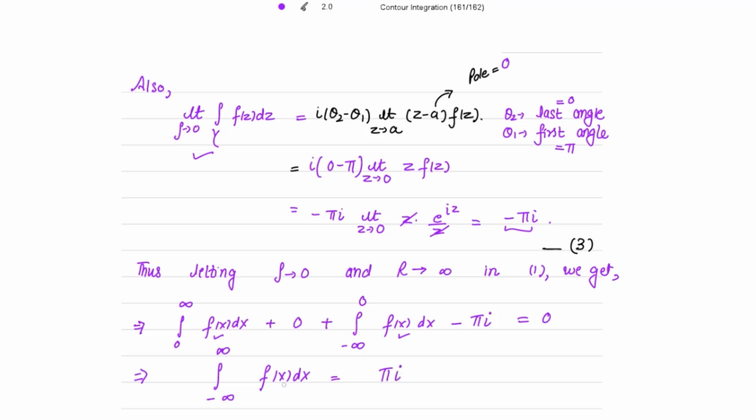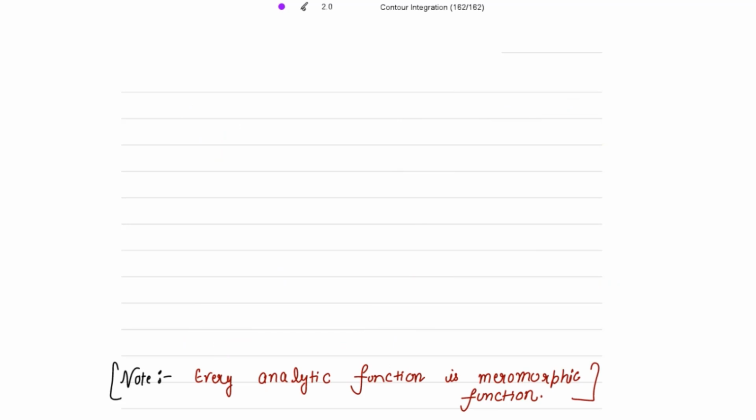Now putting the value of f x in terms of x, which is negative infinity to infinity e the power iota x. What is our function? E the power iota z by z, because I have to write in terms of x now, so this will become e the power iota x over x, dx is equal to pi iota.